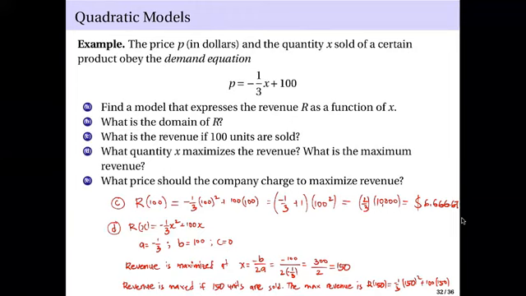So we'll get $7,500. So 7,500, that will be the maximum revenue. Okay?